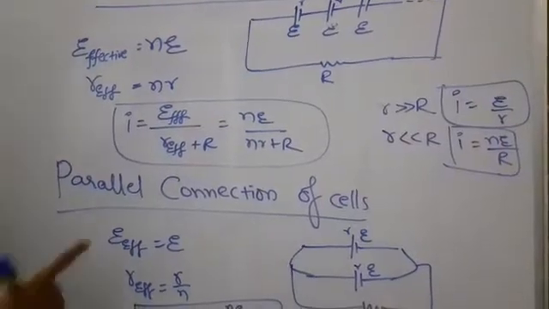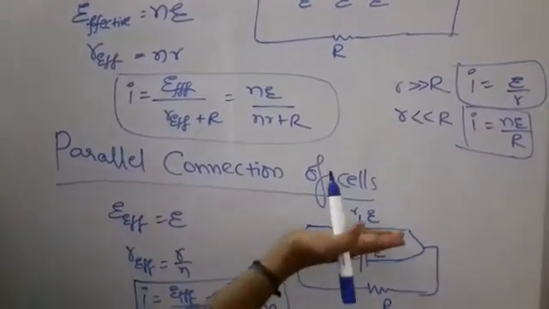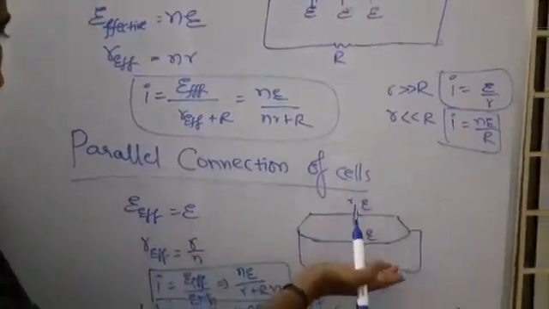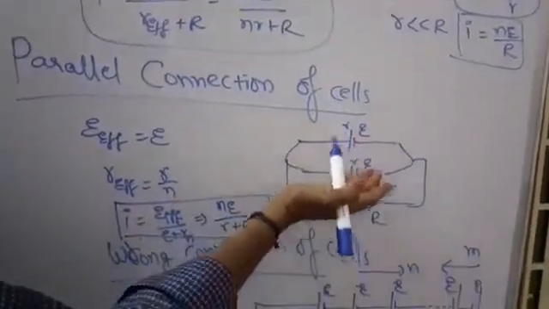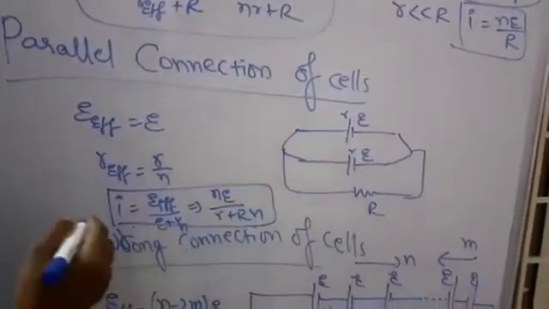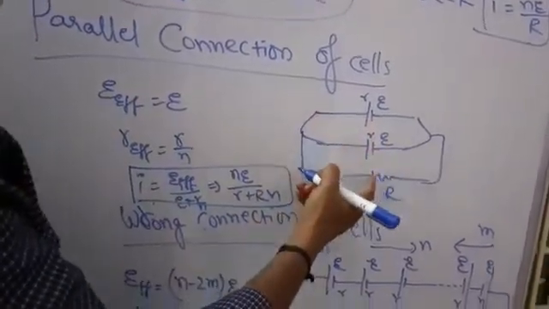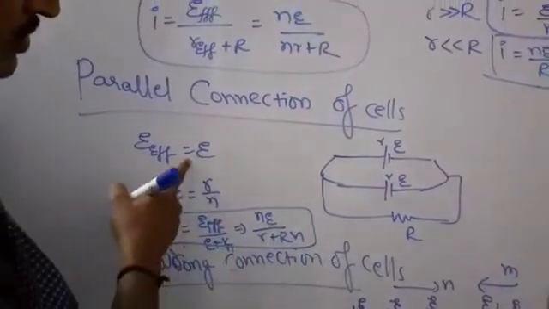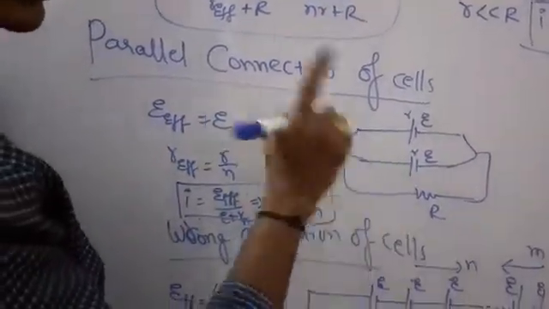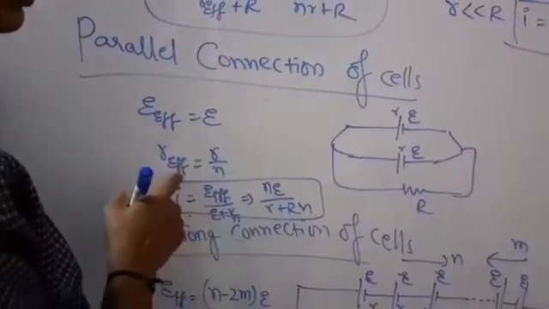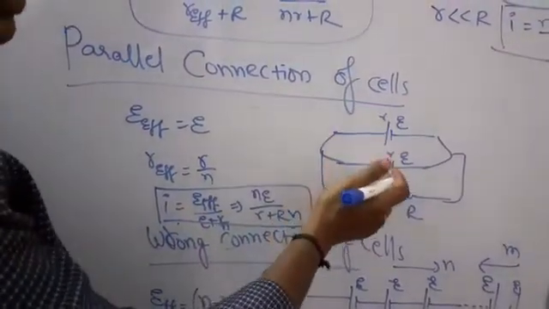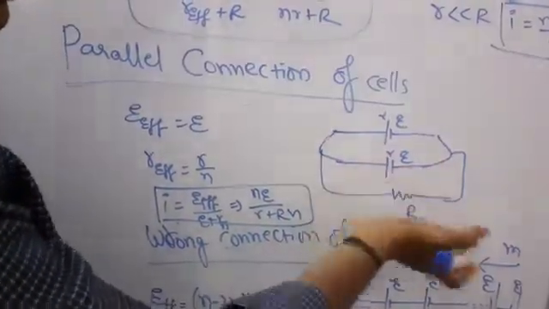Then parallel connection of cells. Identical cells, each of EMF E and internal resistance r, are connected with an external resistance. Each cell EMF is E, identical, so the effective EMF is equal to one cell EMF E. Effective resistance is 1 by r, 2 by r, 3 by r, in this way n by r, so effective internal resistance is r by n.